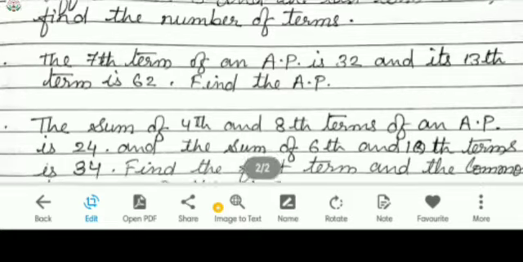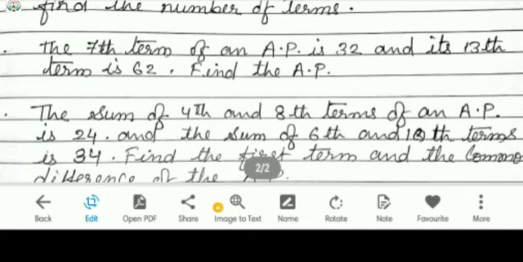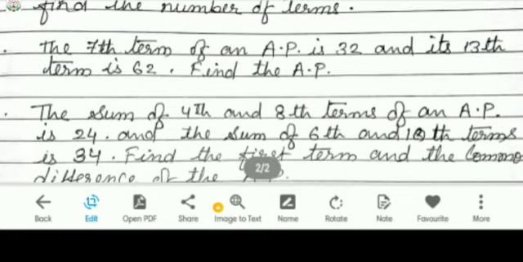So A plus 6D equals 32, mark it as equation 1. And the 13th term is 62, that means A plus 12D equals 62. Now on solving these two equations, we will get the values of A and D.